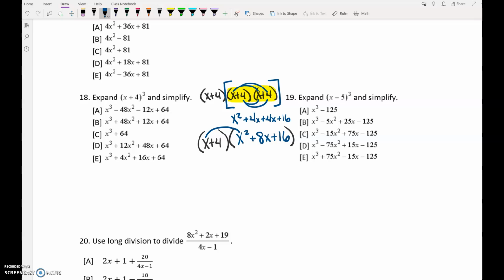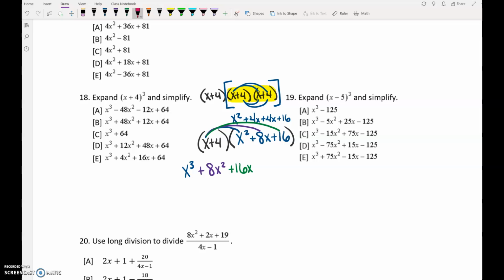X times x squared is x to the third. X times 8x is 8x squared. X times 16 is 16x.